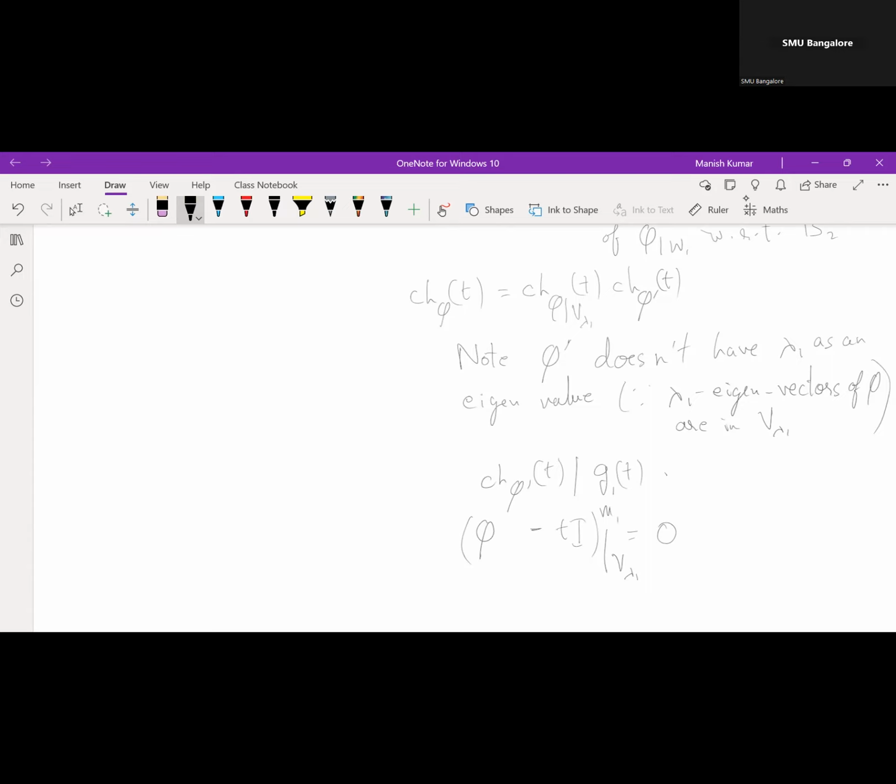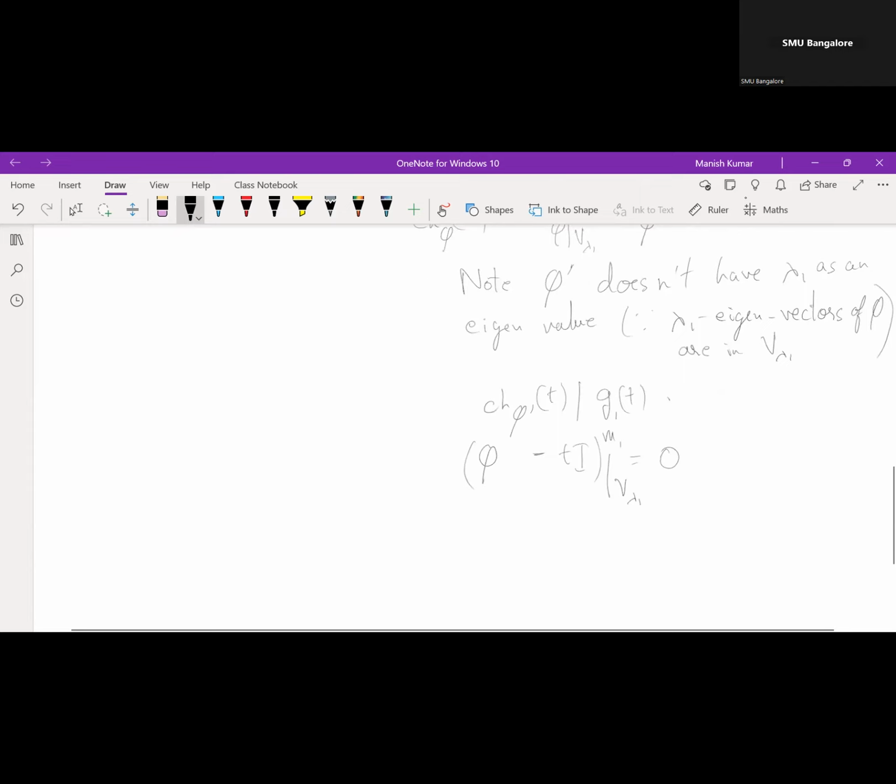It doesn't matter whether you need m1, but some power will be 0 when we apply it to V lambda 1. So this implies that the minimal polynomial of phi restricted to V lambda 1 divides (t minus lambda 1) to the power m1.